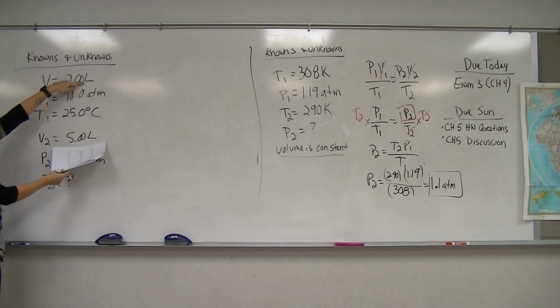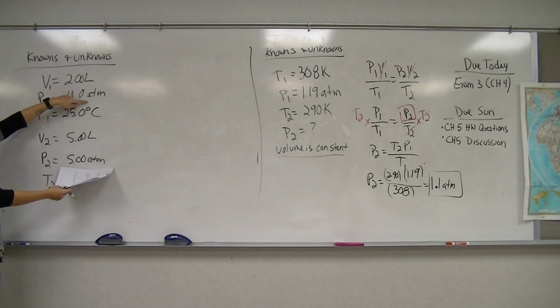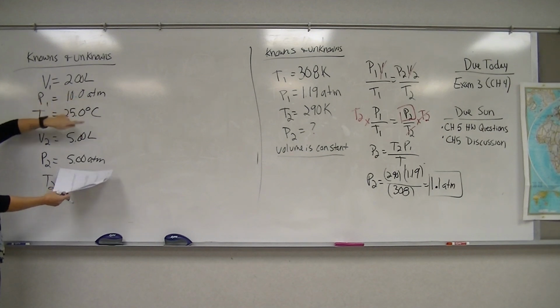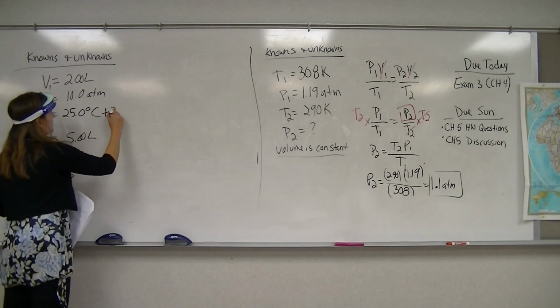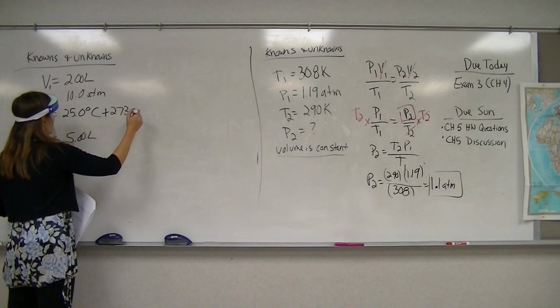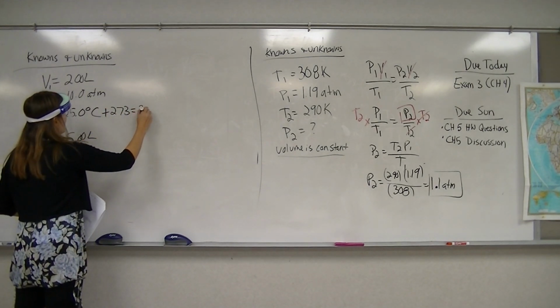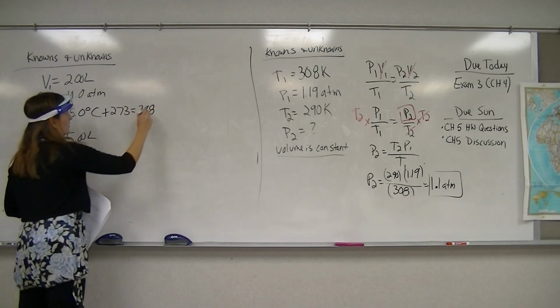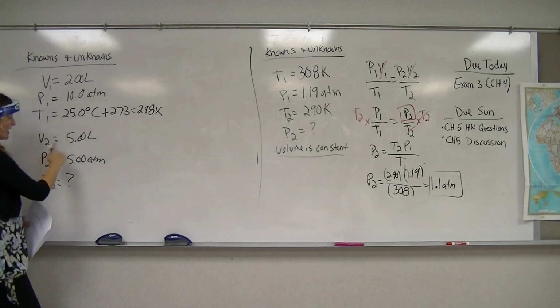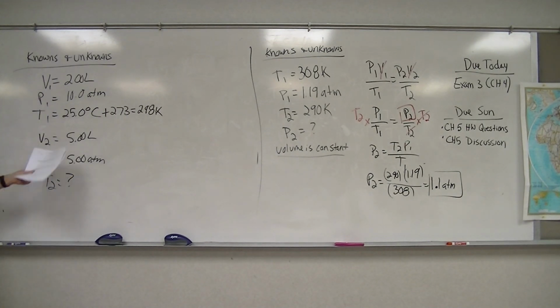For volume, liters, liters, we're good there. Pressure, ATM, ATM, good there. Temperature, degrees Celsius, no, can't have it. So we're going to add 273 to it to get it in Kelvin. It's going to be 298. And then once I solve for T2, that unit will come out in Kelvin.